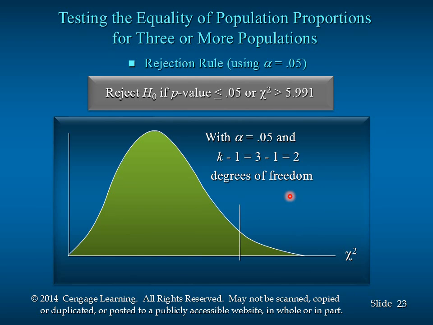But what I'm going to show you here is your critical value of 5.991, and where you'd get that. Well, let's just go through it real quick. You'd go back to your chi-squared chart in the back, and you would come up with this value of 5.991. And then you've got your test statistic.